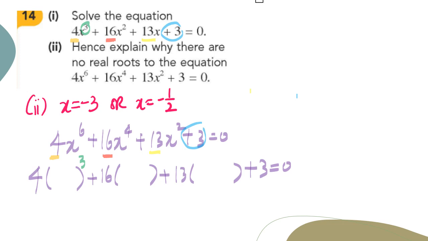I would have to express x to the power of 6 as x to the power of 2, bracket, to the power of 3. I'm applying this rule that you learn in the chapter on indices. You learn all these rules, and one of them is this. Likewise, for x to the power of 4, I can write it as x to the power of 2, squared.